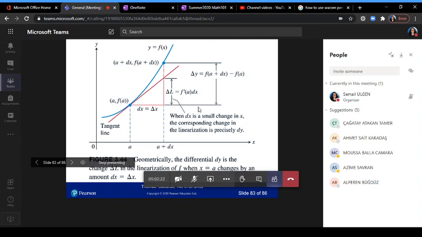But this is going to be dy, actually, f prime of a dx, right? So we don't use delta y, but we use this distance. Okay, so this picture shows that although delta x is the same as dx, dy is not the same as delta y. Dy is just a little bit different from delta y. That's what it shows.